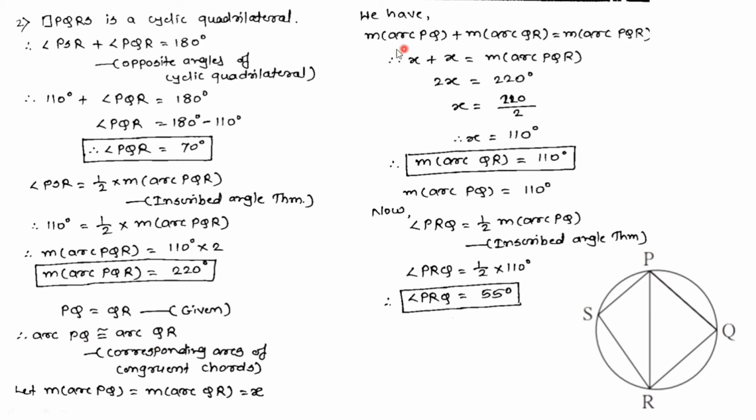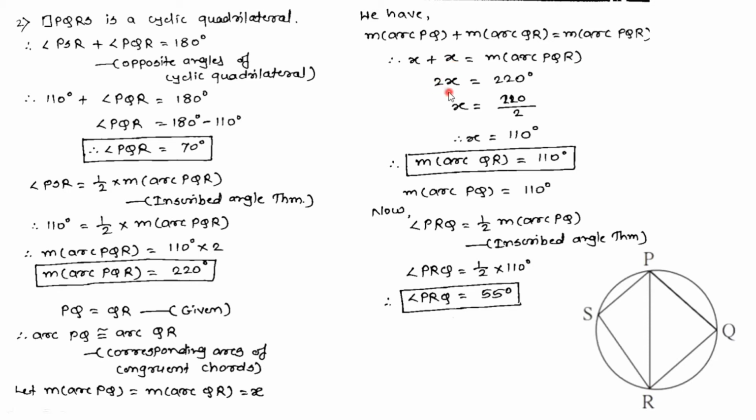Now, as we can see in the diagram, if we add the measure of arc PQ and the measure of arc QR, we will get the measure of arc PQR. So let the measure of arc PQ and the measure of arc QR be x. So we will have x plus x equal to the measure of arc PQR.